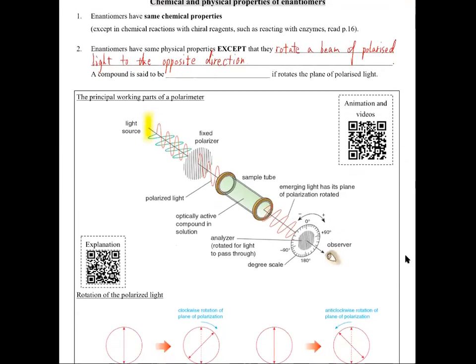Okay, so we say a compound is optically active if it can rotate the plane of polarized light. That means it can have enantiomers. So a compound is said to be optically active if it rotates the plane of polarized light.